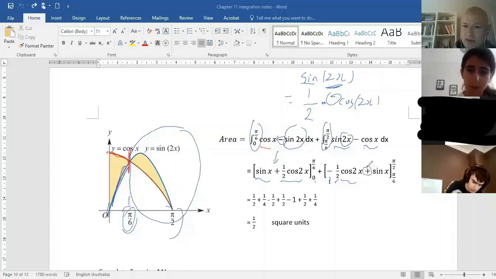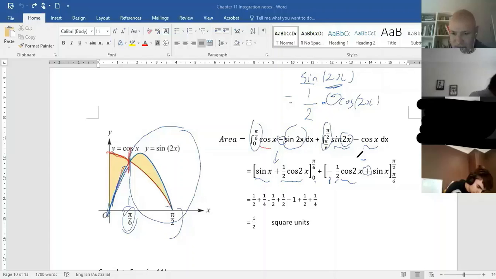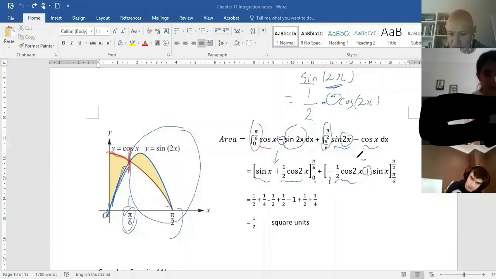How did I get that one there? That should be minus, unless I've made a mistake somewhere. Can anyone see it? Oh, I don't know. It must be right, so we'll keep going.